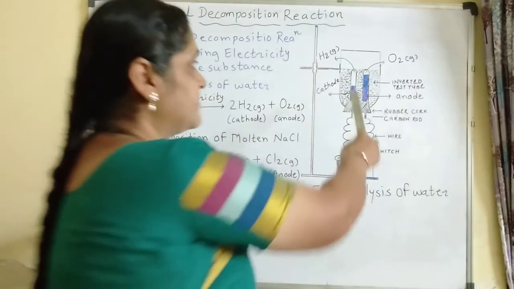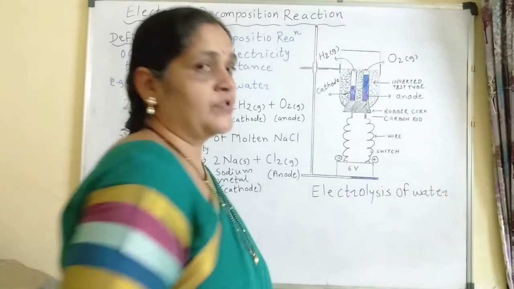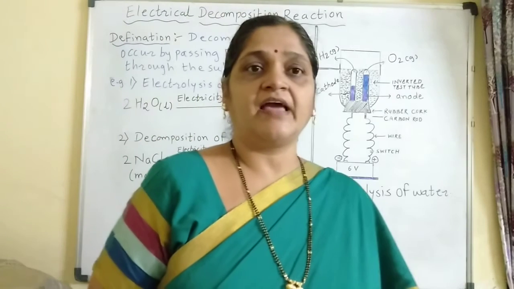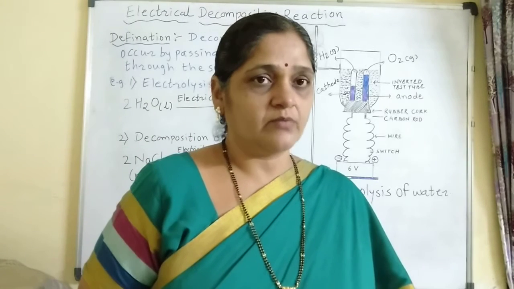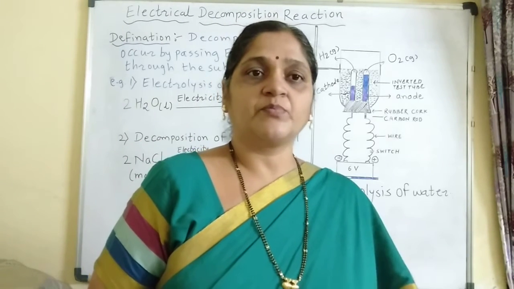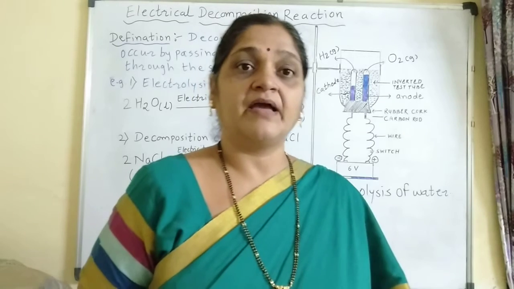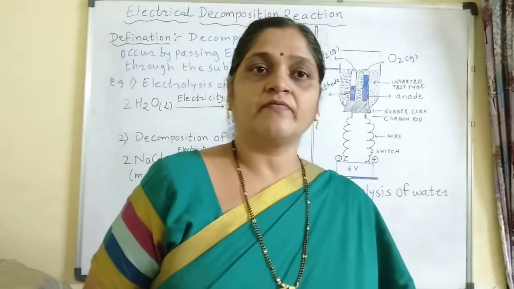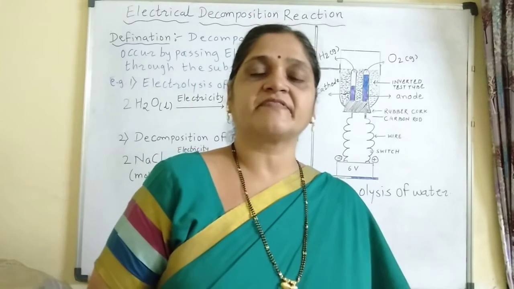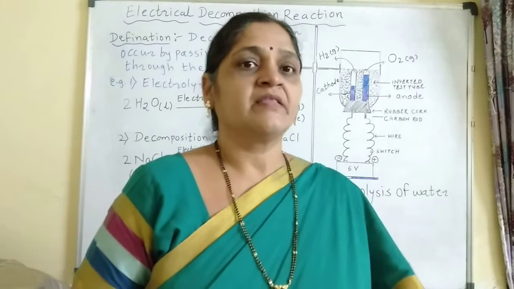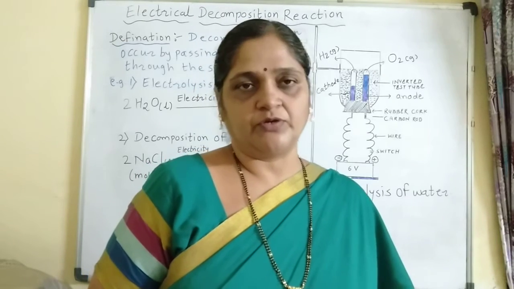So this experiment clearly indicates that there is hydrogen and oxygen in the water molecule, in proportion of 2:1 by volume. That means 2 parts hydrogen and 1 part oxygen by volume in the water molecule.